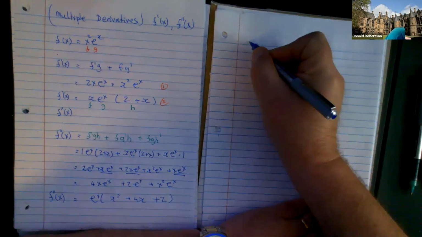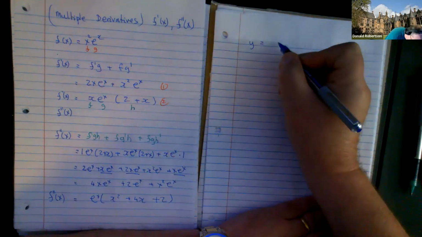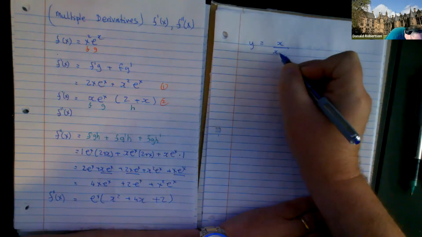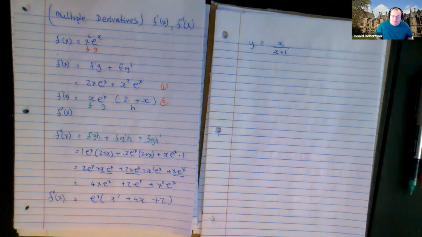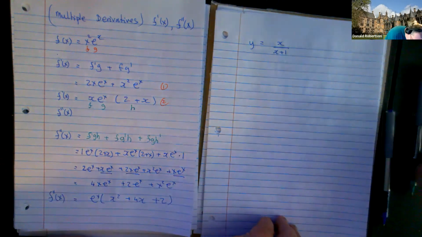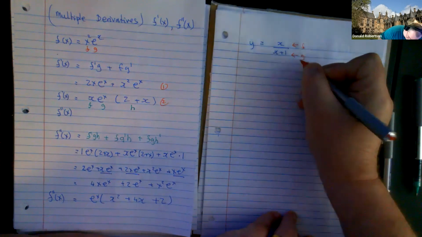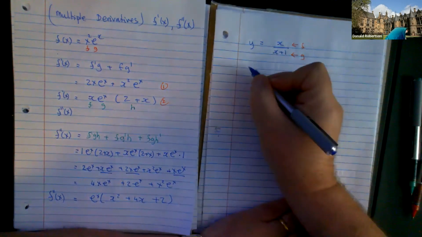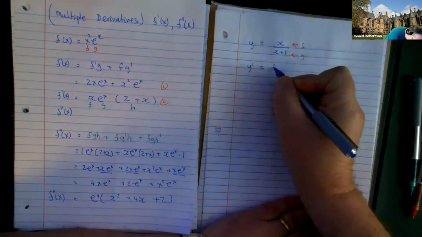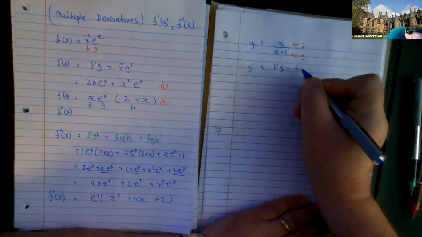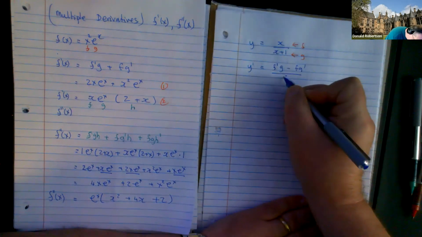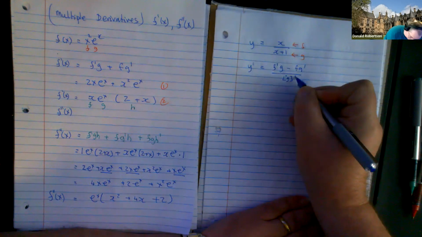I'll make up a simpler one that we can do. A very simple quotient rule where we're going to find first and second derivative. So I've chosen a very easy one because we only have so much time left. So f dash g, take away f g dashed, all over g squared.